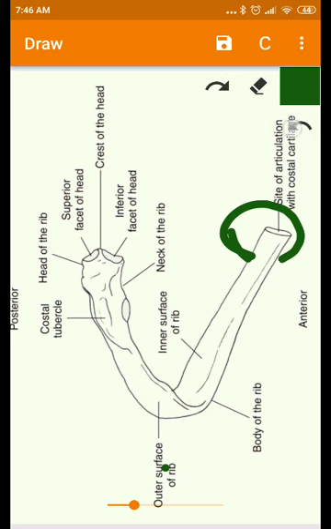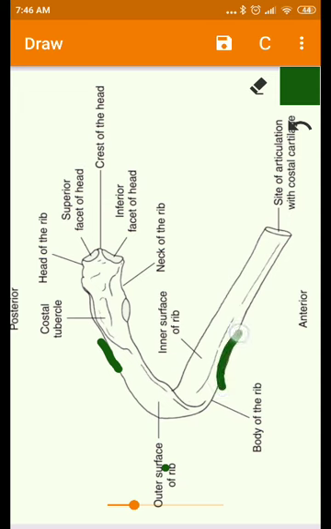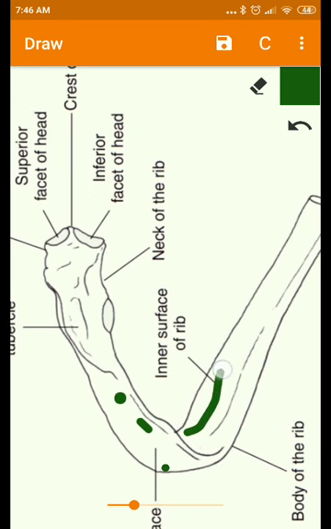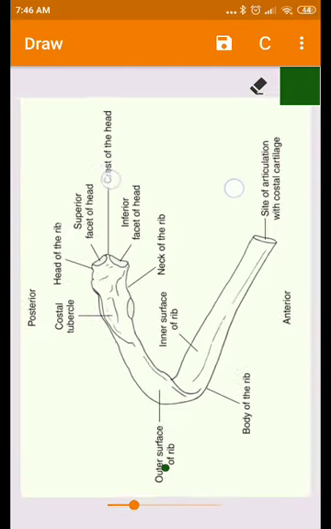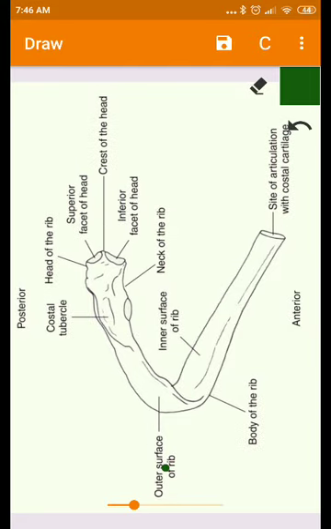It has an upper border and a lower border, and two surfaces: one is the outer surface and the other is the inner surface. So these are the ends and the surfaces of the typical rib.